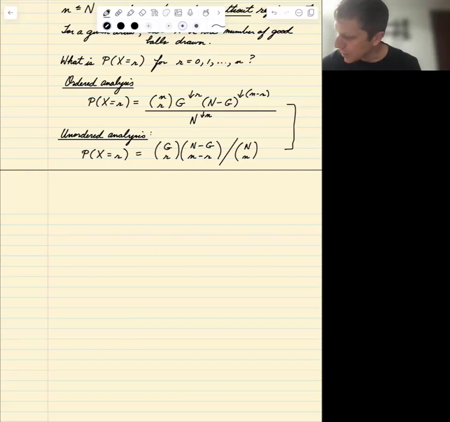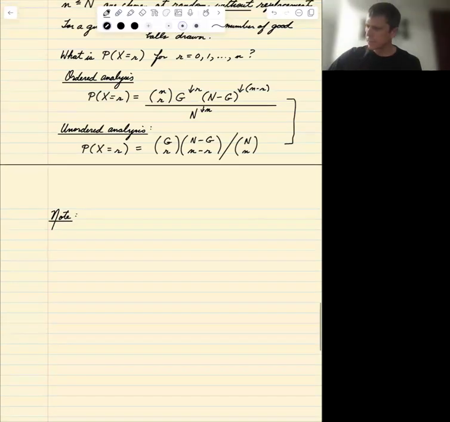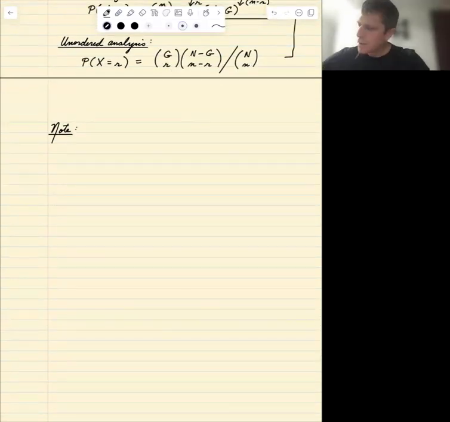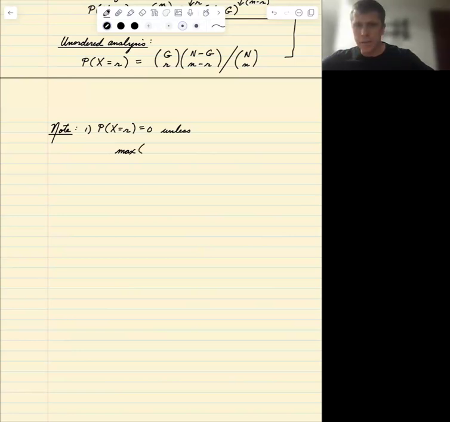Some things to note here. First is that the probability that X is equal to R is 0 unless a certain condition holds. Let's write down the condition and then see what we mean.